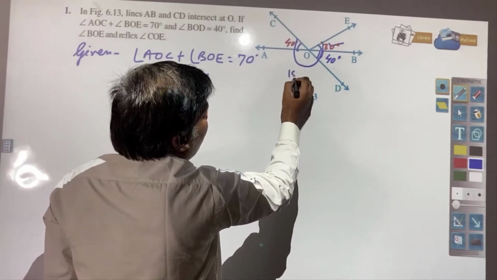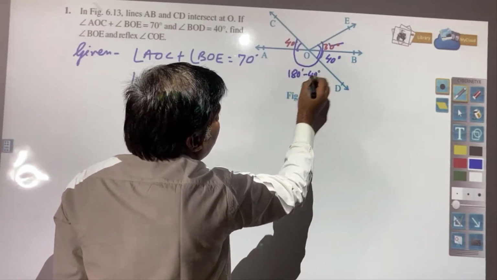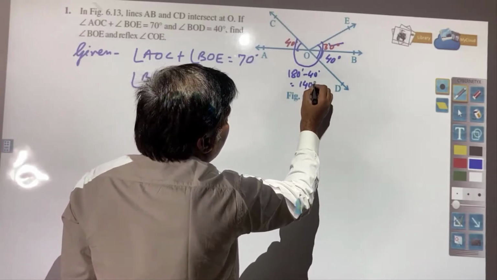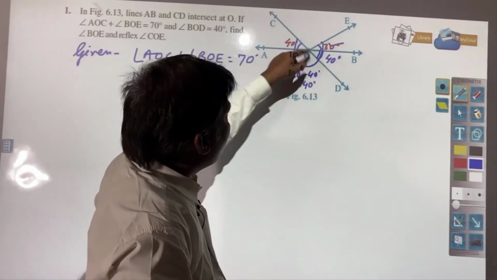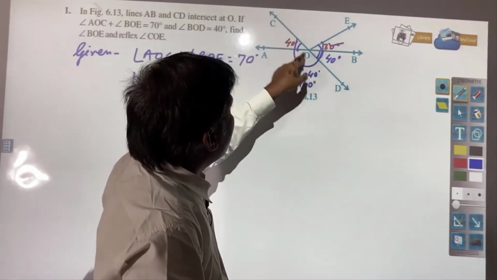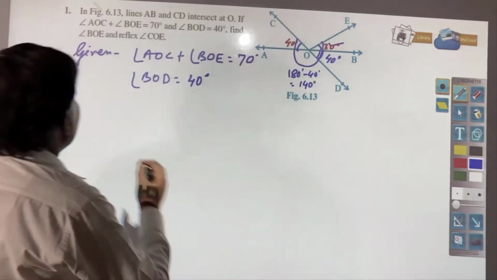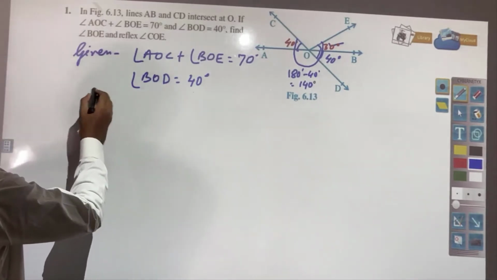This will be 180 degree minus 40 degree, it means 140 degree. So the sum of 140 and 30 will be angle COE. So here you see how we will write.